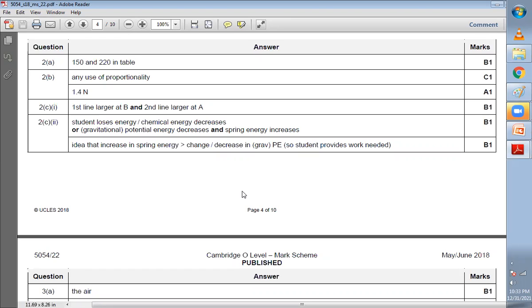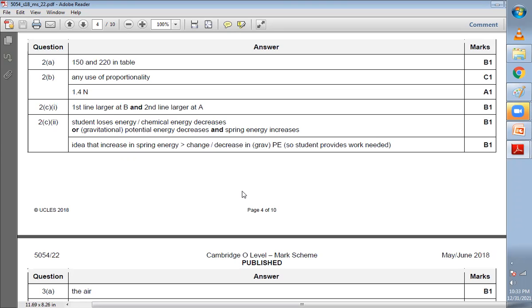The energy stored in the spring is more than the decrease in gravitational potential energy, so the difference is coming from the boy. He did the work which was actually converted into spring energy. So that's the answer.